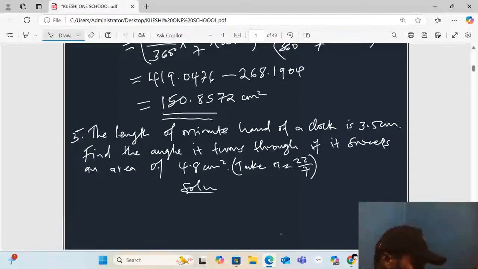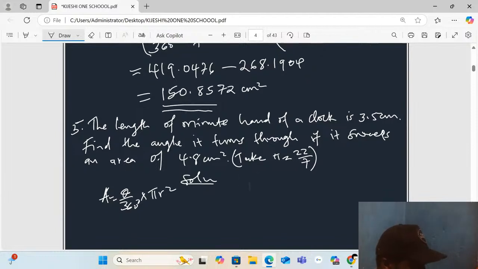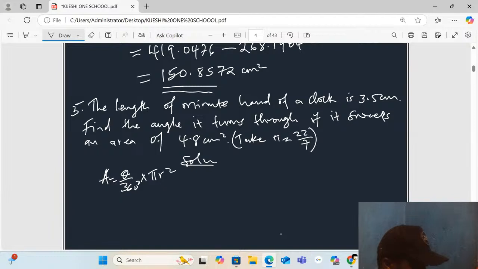So this one is easy. Area of a sector is theta over 360 degrees times pi r squared. Therefore, they want us to find the angle, so we make theta the subject. We are going to find that theta is equal to 360 degrees times the area divided by pi r squared.